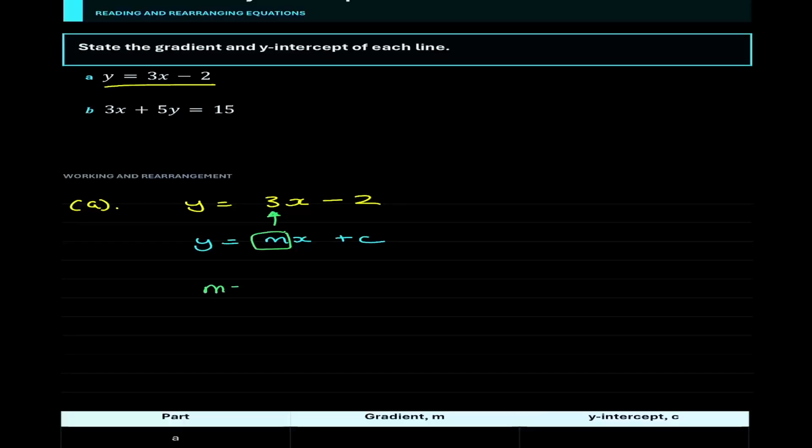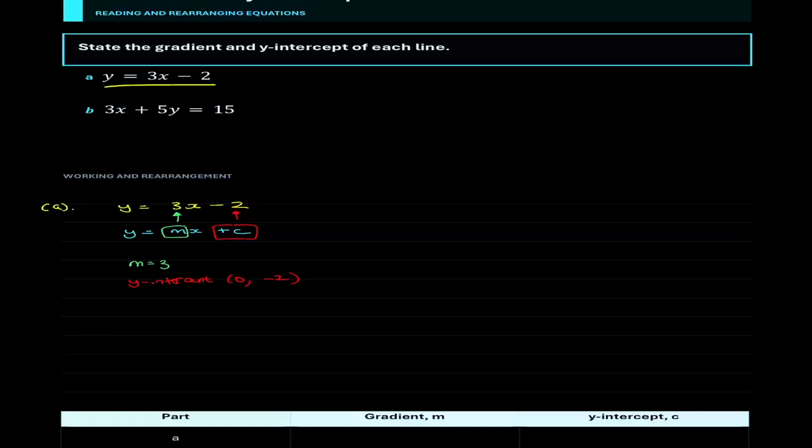And c is my y-intercept, which is -2. So y-intercept, and try to write it in coordinate form, (0, -2). Nice.